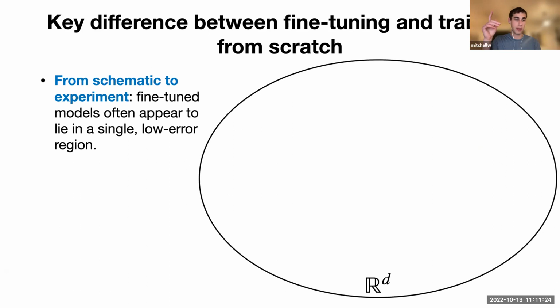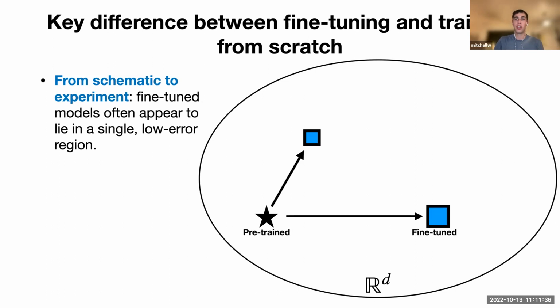Let's again remember this d-dimensional space. This is the space of all neural network parameters, and we have our pre-trained model here represented by the star. Now we're going to fine-tune it twice with two random seeds to produce these two blue solutions here. We can't visualize this whole space because it's a d-dimensional space of all possible neural networks.